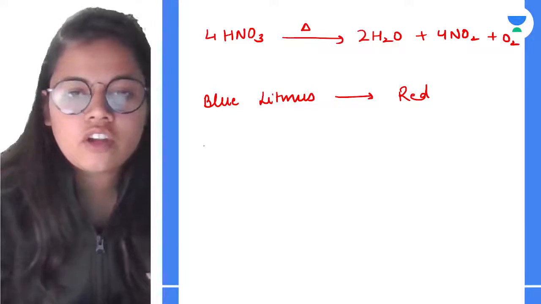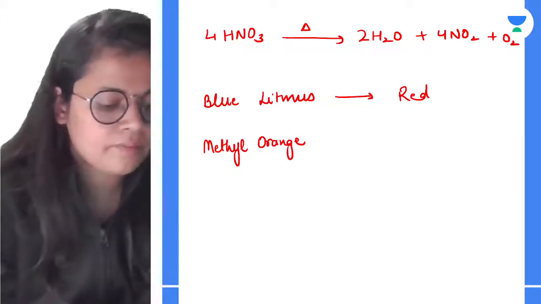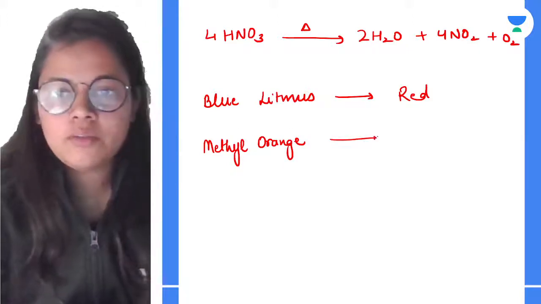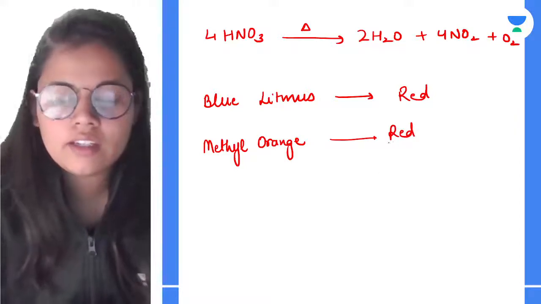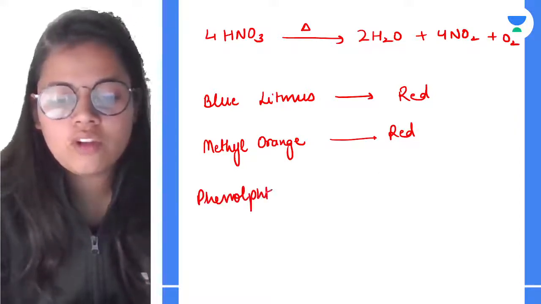Next, if I talk about methyl orange, what effect will it show on methyl orange? Yes, it will convert methyl orange to red color. And can you tell me what effect it will show on phenolphthalein?